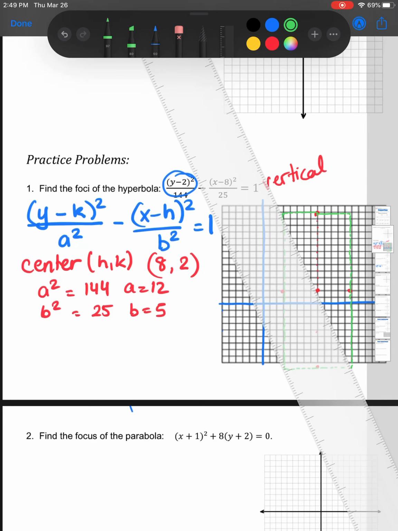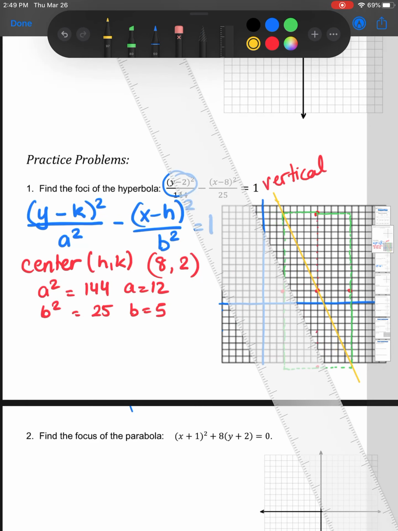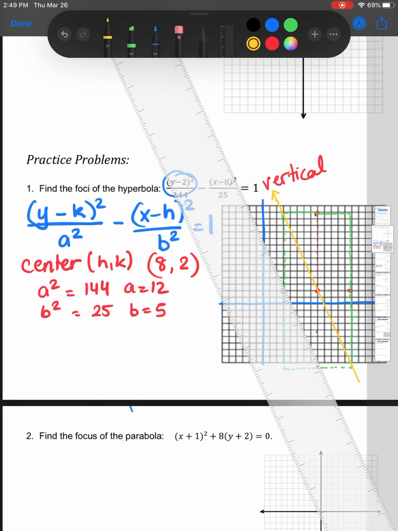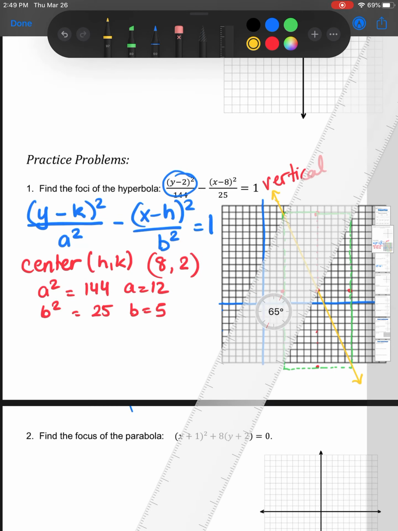These are your asymptotes, and I am going to sketch them in, let's say, yellow. They go through the center and the corner, and there should be arrows at the end. These are lines, remember.